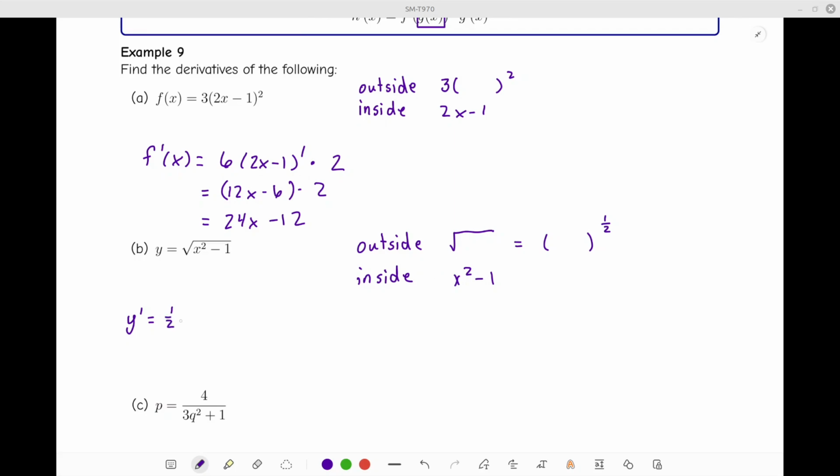So that would be 1/2 to the negative 1/2, because 1/2 minus 1 is negative 1/2, times the derivative of the inside, which is 2x. And then again, this blank parentheses gets the inside function plugged in. Now here there isn't much you can do besides the fact that 1/2 and 2 will cancel out. So I would just rewrite this with the x in front, x squared minus 1.